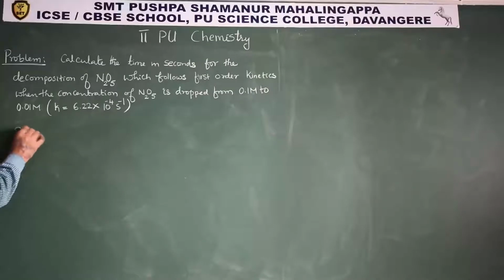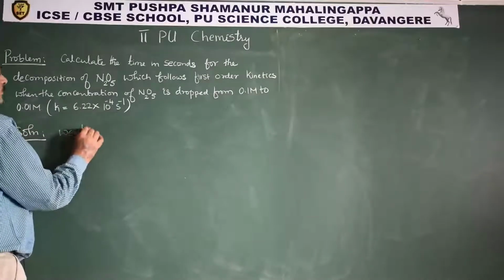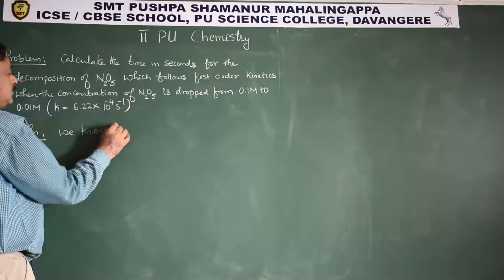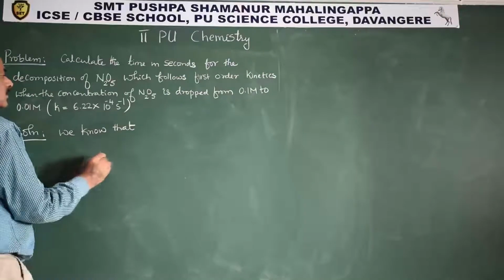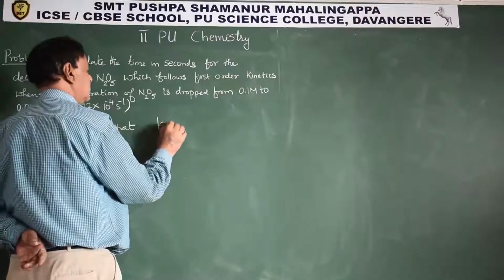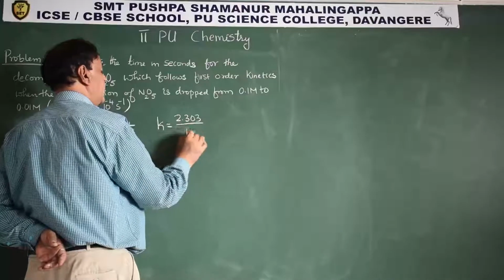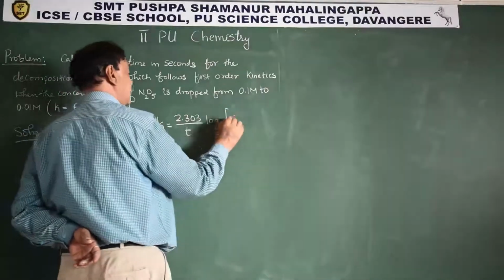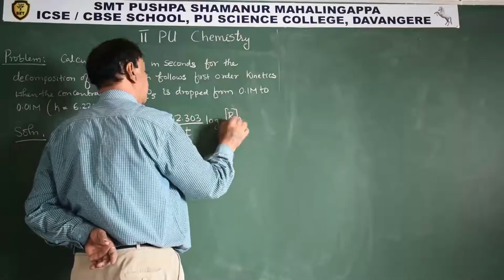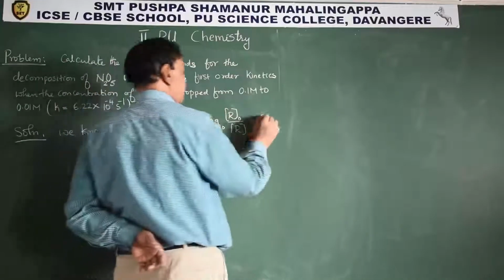Solution. We know that k is equal to 2.303 divided by t log base 10 of R naught divided by R for first order kinetics.